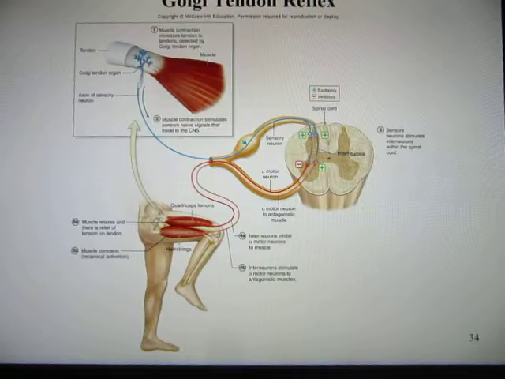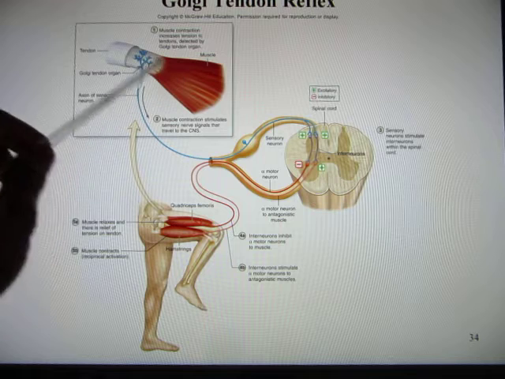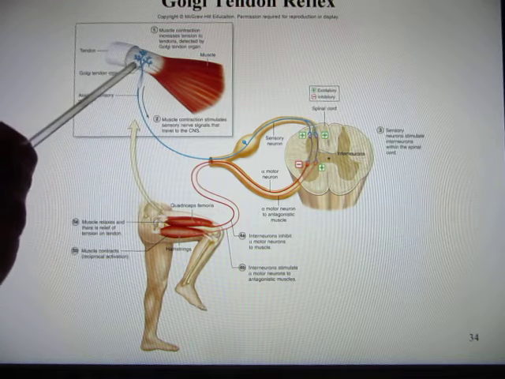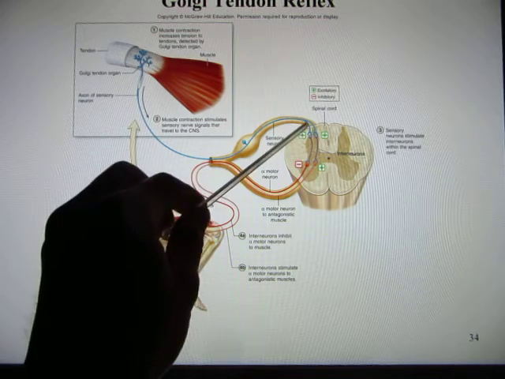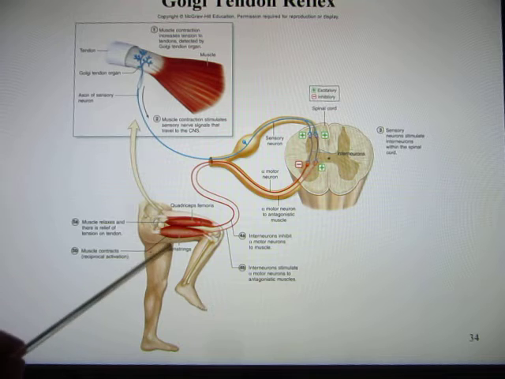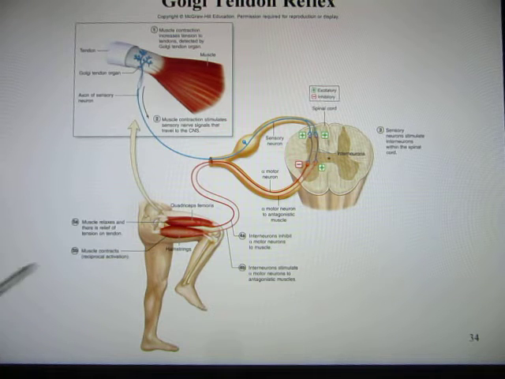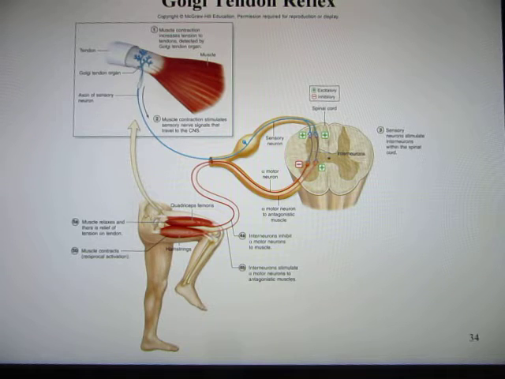When you have too much power and you stretch the muscle too much, through the Golgi tendon, the reflex will send information in, through the sensory neuron, interneuron, motor neuron out, and will go to the muscle effector. But the purpose is to ask the muscle to relax, not contract.